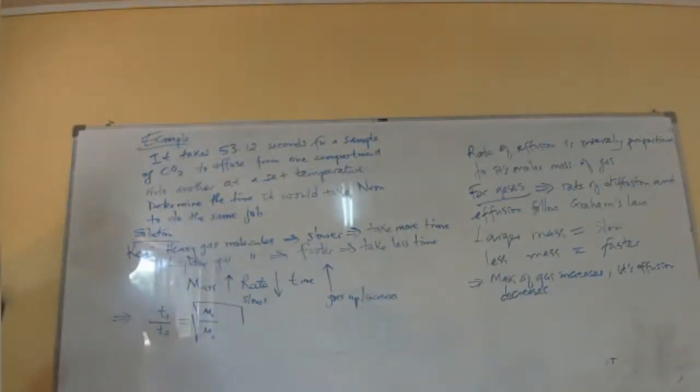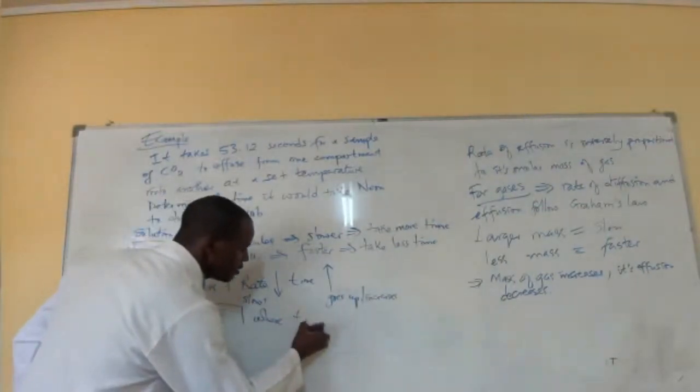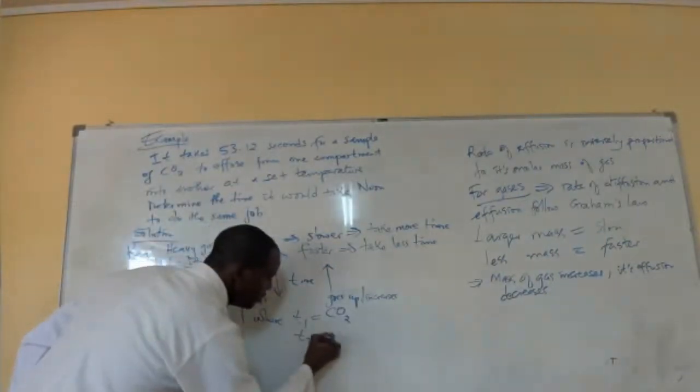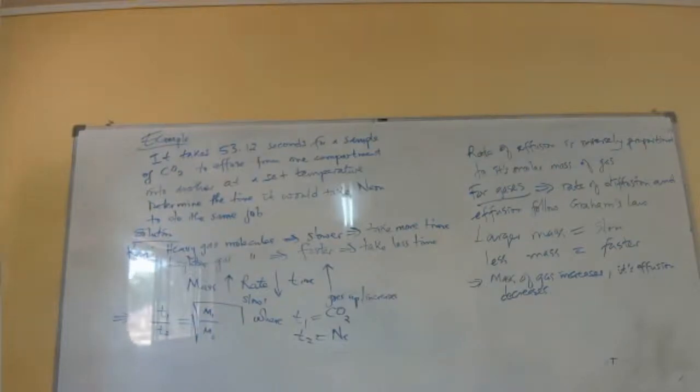Therefore, looking at our question, we can use this equation and say T1 is carbon dioxide, then let's say T2 is neon. Having done that, we can substitute what we are given.